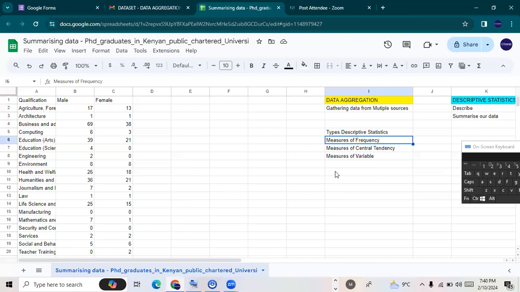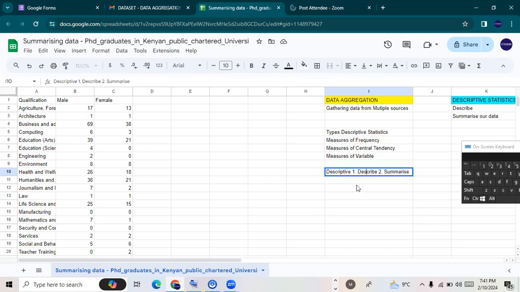So descriptive statistics is used to, one, describe, and two, summarize your data.